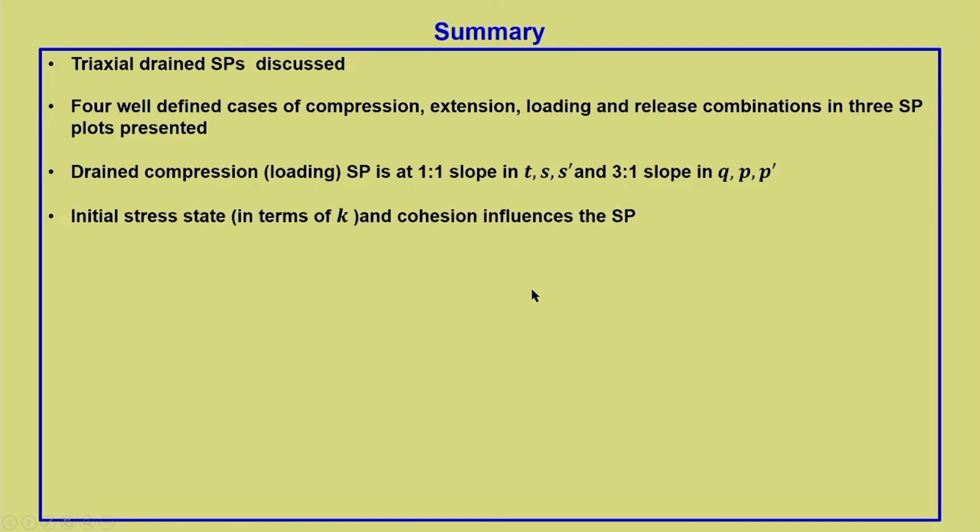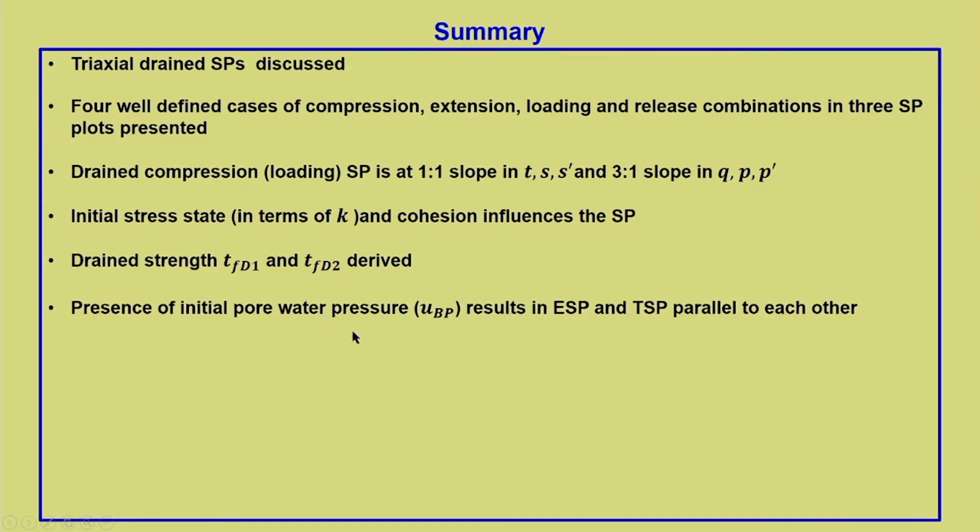Initial stress state, which is defined by the K value, and cohesion influence the stress path. We have clearly seen that. So here we have already derived the drained strengths TFD1 and TFD2. The presence of initial pore water pressure, how this would impact the stress path, we have discussed.